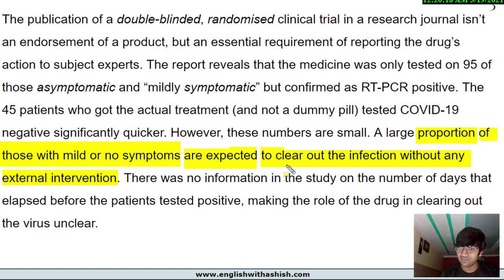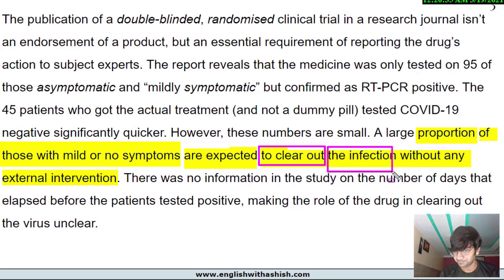We have an infinitive, which is to plus the base form of a verb, to clear out. Now clear out what? You can clear out something, so it starts with the infinitive followed by the object of the infinitive. To clear out what? The infection. In what manner? Without any external intervention, right?